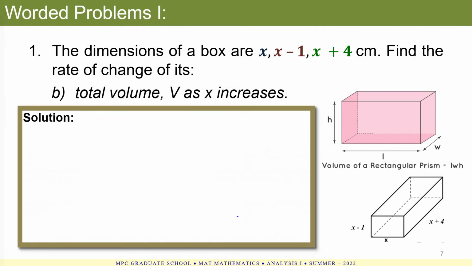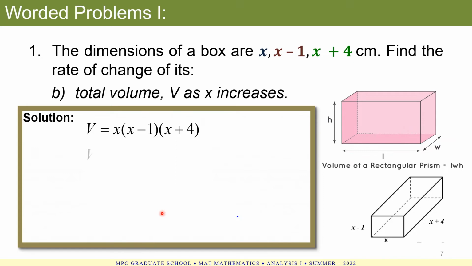For the volume, the volume of a rectangular prism is length times width times height, and these are the given dimensions. So just multiply the three of them. Volume is equal to x times the quantity x minus 1 times x plus 4.